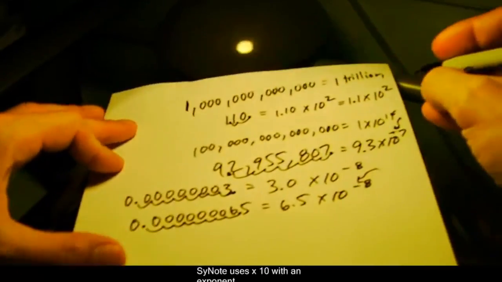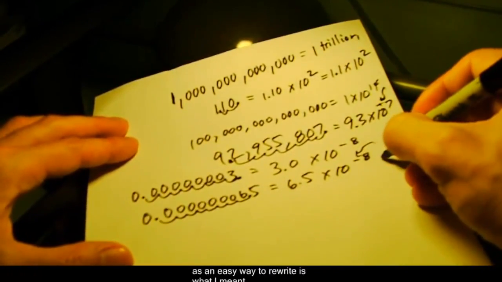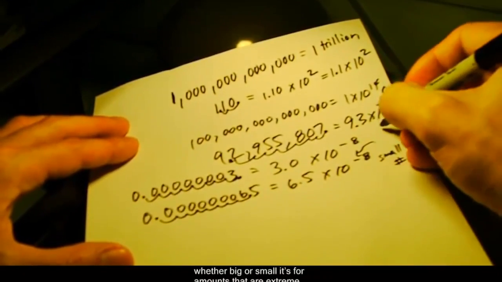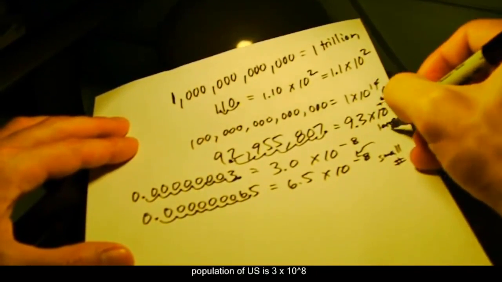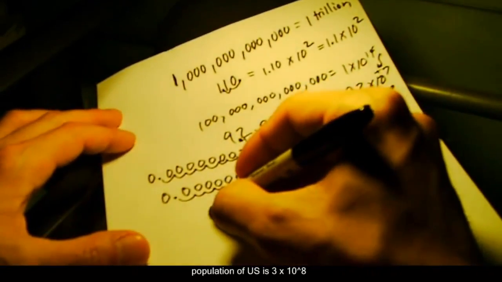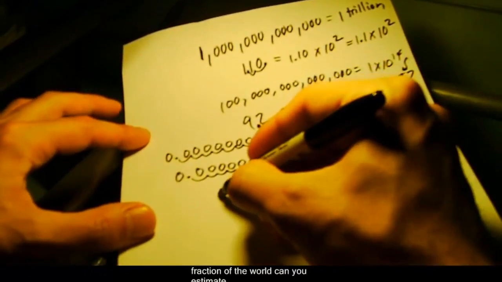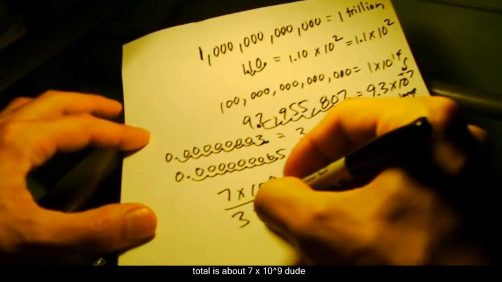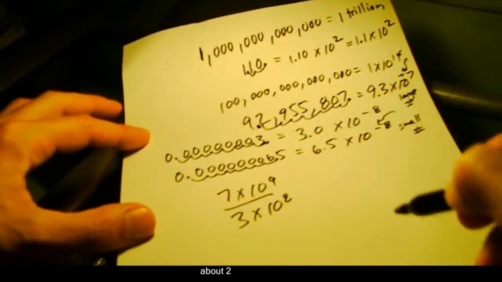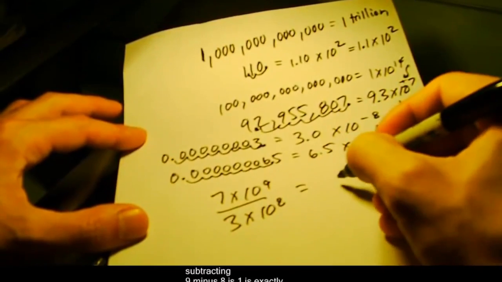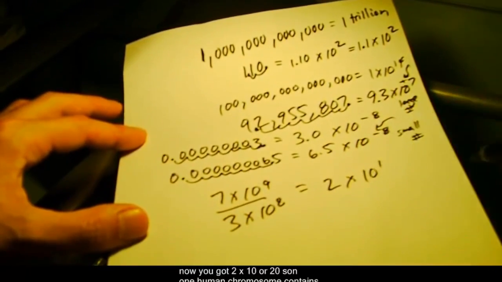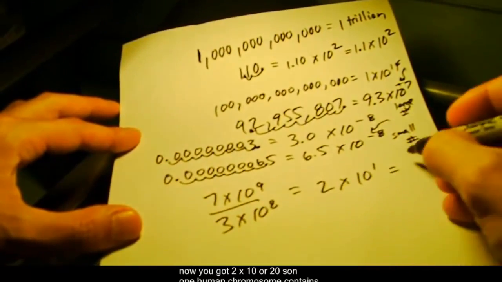Sign note uses times 10 with an exponent. An easy way to rewrite is what I meant. Whether big or small is 4 amounts that are extreme. Check all your work, keep the math clean. Population of US is 3 times 10 to the 8th. Fraction of the world, can you estimate? Total is about 7 times 10 to the 9th, dude. First 7 divided by 3 is about 2. Divide the exponents by subtracting. 9 minus 8 is 1 exactly. That's how you do it to get 10 to the 1. Now you got 2 times 10 or 20, son.